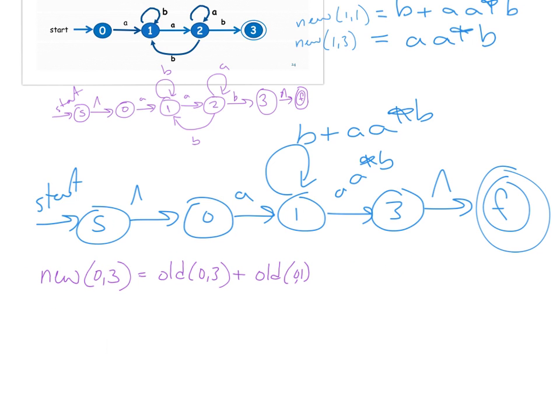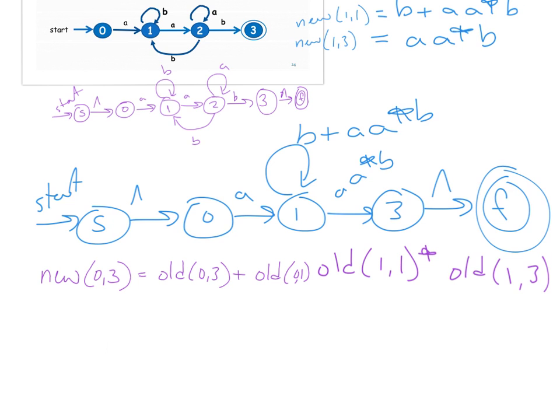So new 0 to 3 equals the old 0 to 3 plus the old 0 to 1 times the old 1 to 1 starred times the old 1 to 3. So what do we end up with here? Let's see. The old 0 to 3, well, there is no transition from 0 to 3, right?